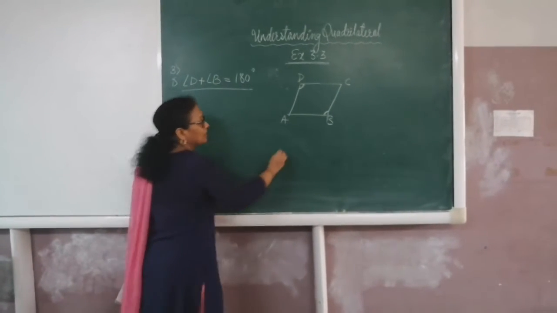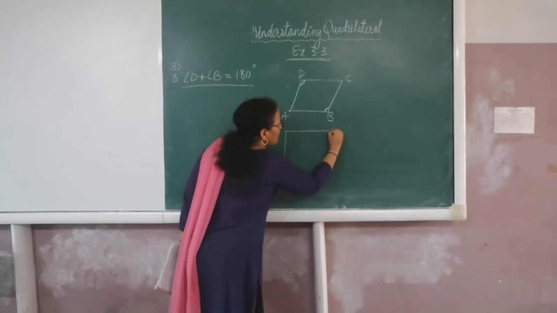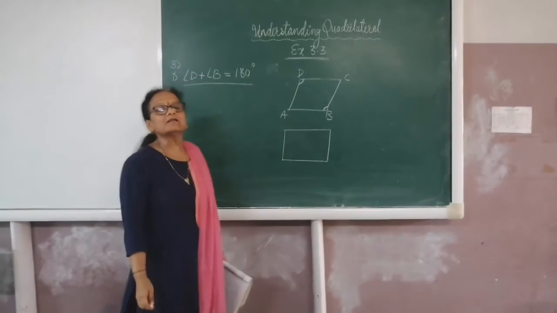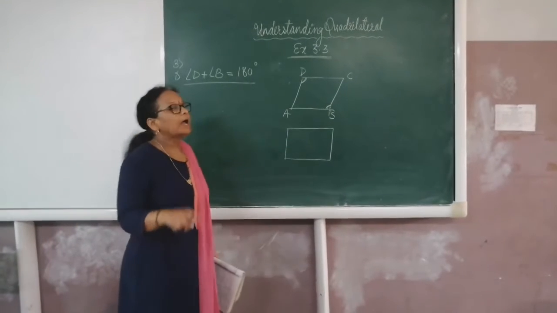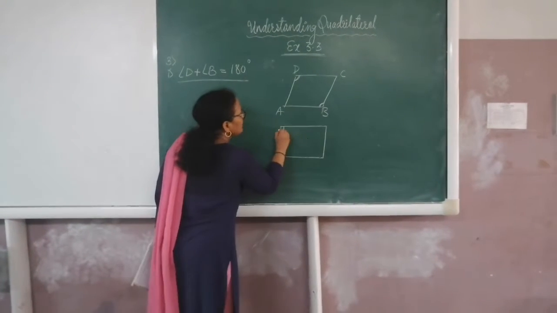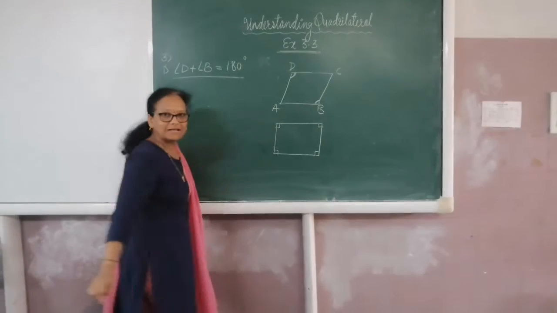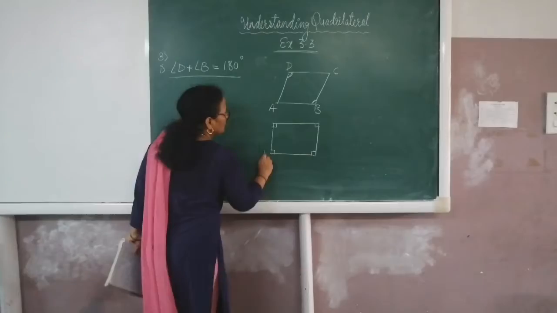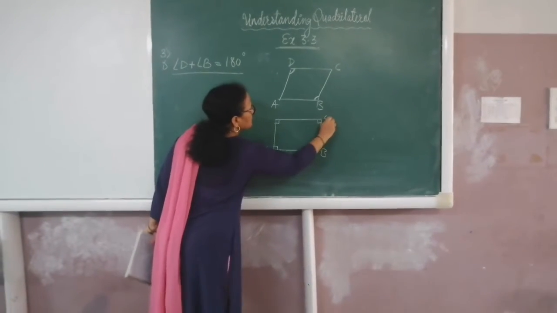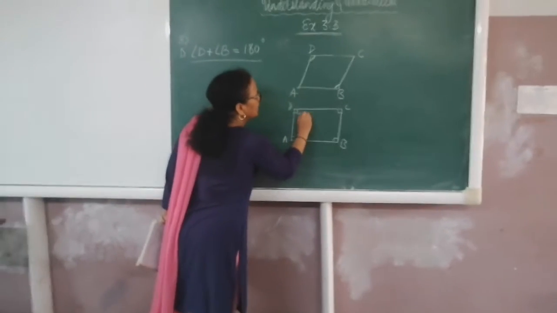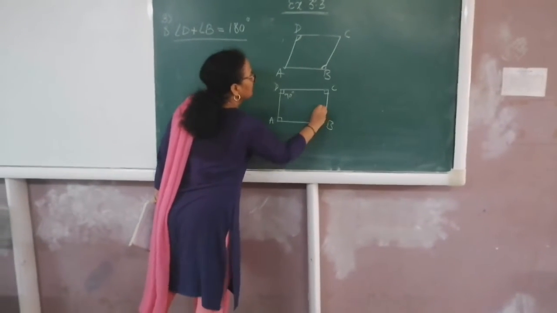But in case, suppose the parallelogram is given this way. This is a rectangle and a rectangle is also called a parallelogram. In a rectangle, angles are 90 degrees. If we consider these angles are 90 degrees, then your B and D, 90 plus 90, that means 180.